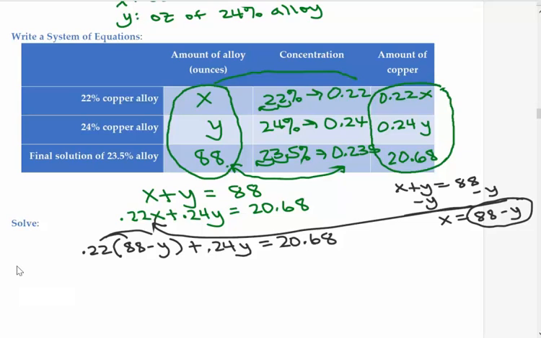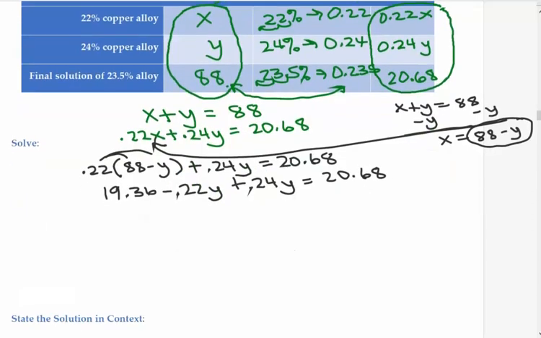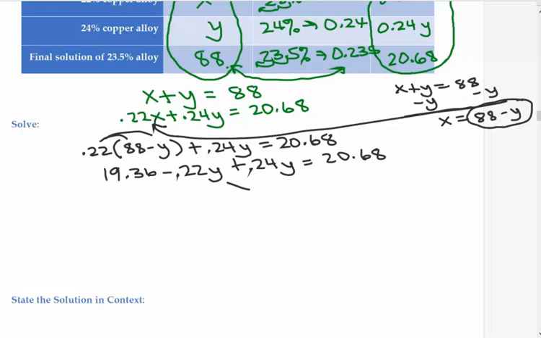Now let's distribute that through so I can get rid of those parentheses. 0.22 times 88 is going to give me 19.36. Distributing it here, I get minus 0.22y plus 0.24y equals 20.68. Let's combine those like terms together.